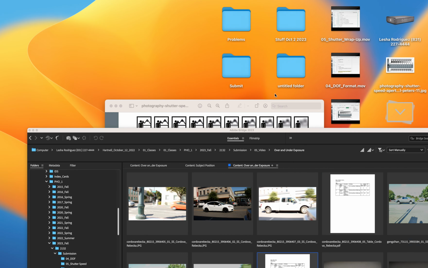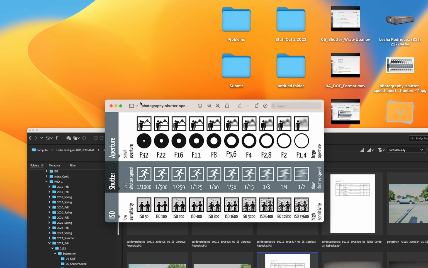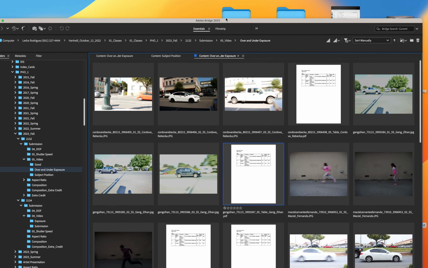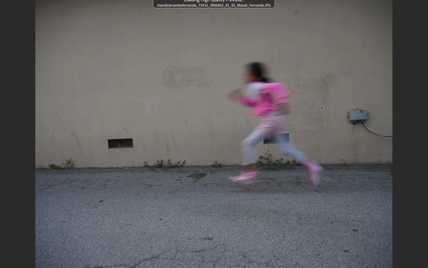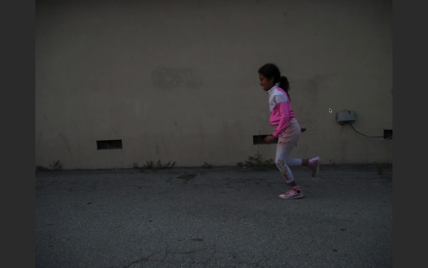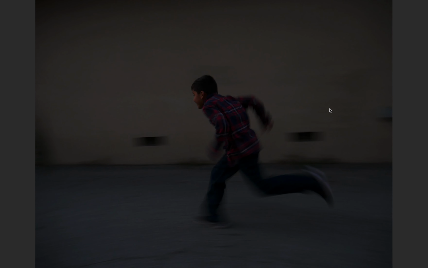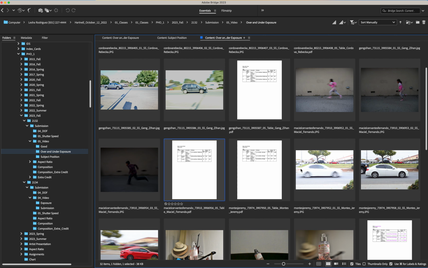Okay, let me move this out of the way because I'm losing my chart. Here we have an issue of underexposure. It's a little too dark, and very dark in this situation. What do we have to do? Let me double check to make sure it's the right person. Yes. All right.